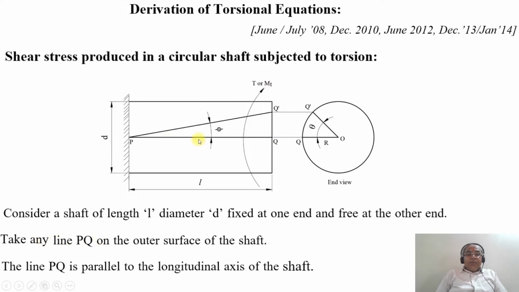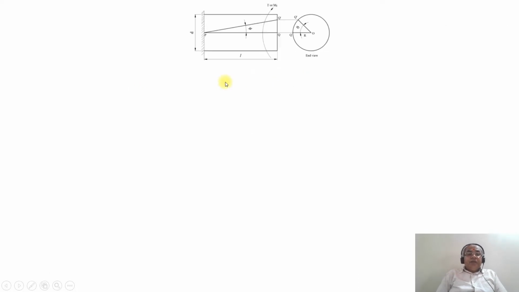Take any line PQ on the outer surface, on the circumference of the shaft. The line PQ is parallel to the longitudinal axis of the shaft. If you take the top view, you will be able to understand that O is the center line of the longitudinal axis of the shaft.